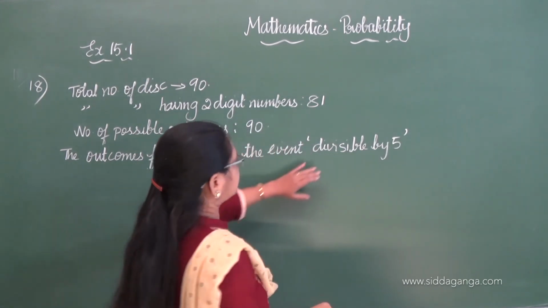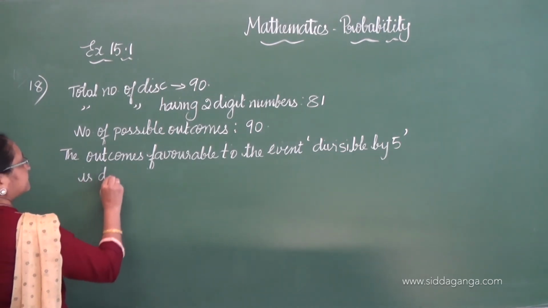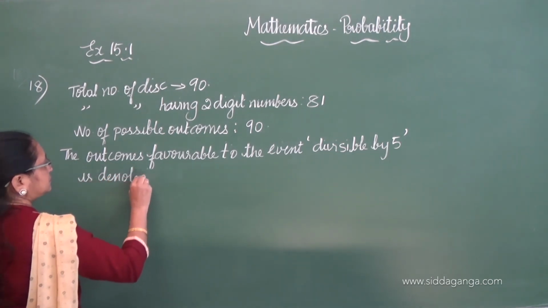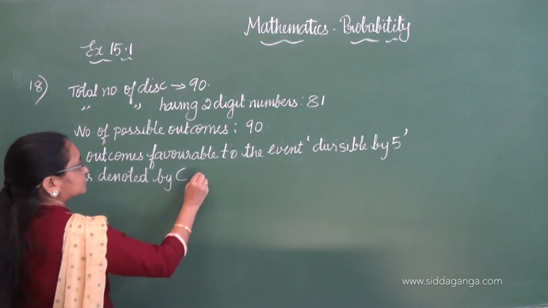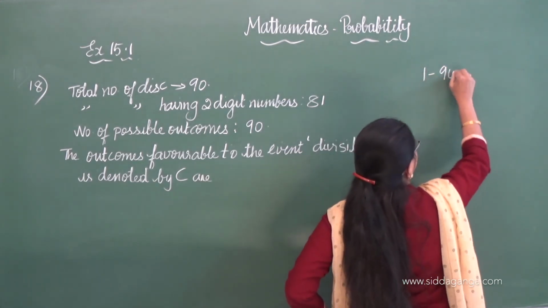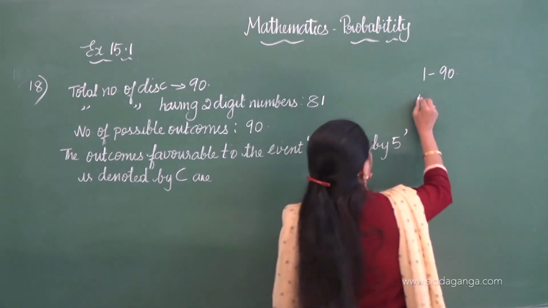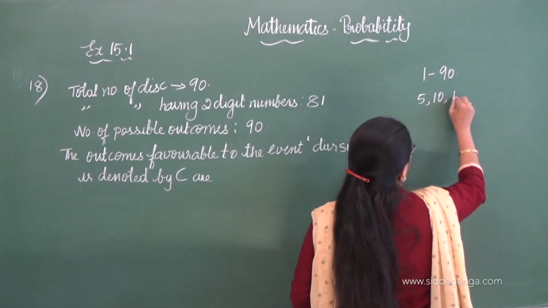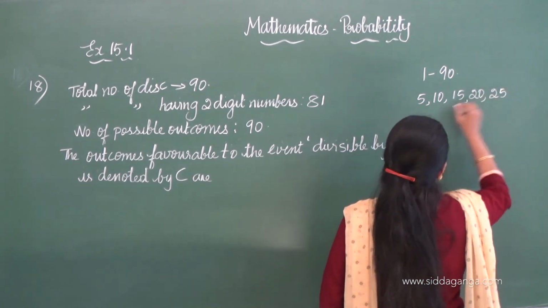Okay, the event of getting a number divisible by 5 is denoted by C. Now just see, from between 1 to 90, divisible by 5 means you all know. So 5, 10, 15, 20, 25, like this, so on.